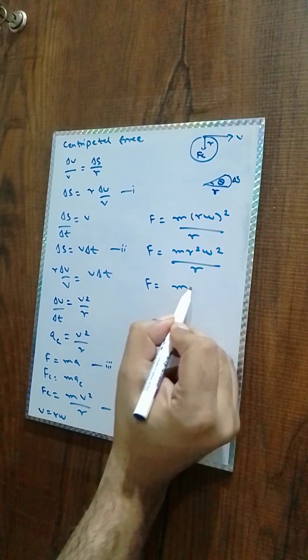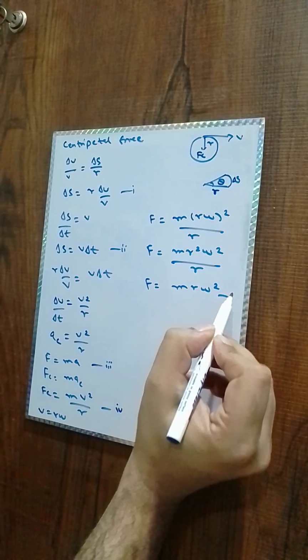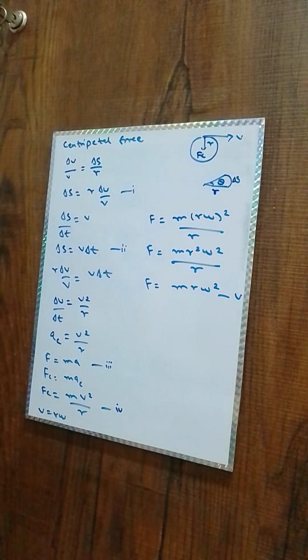So F is equal to m r omega square. So this becomes the form in terms of the angular velocity for centripetal force.